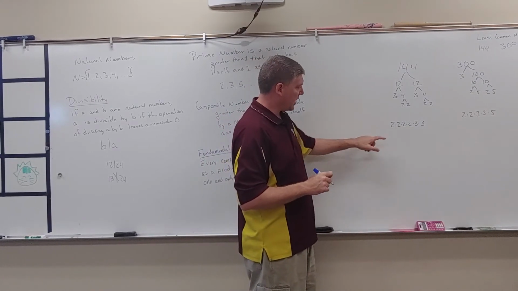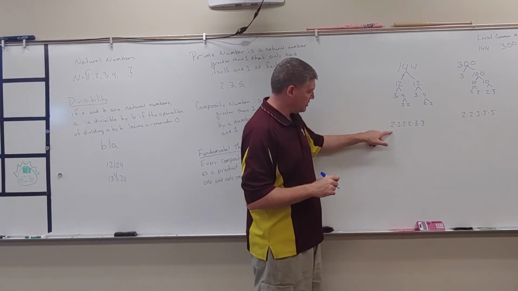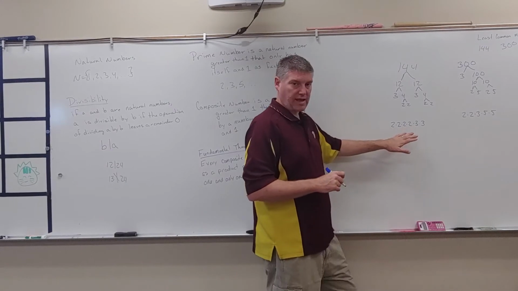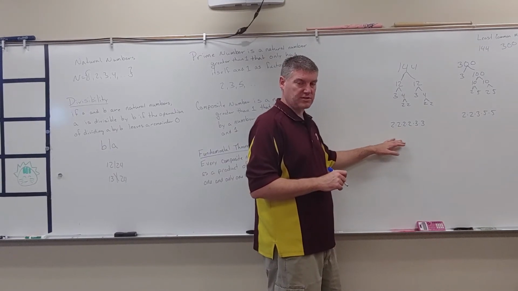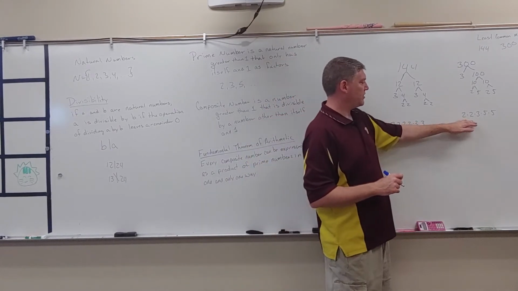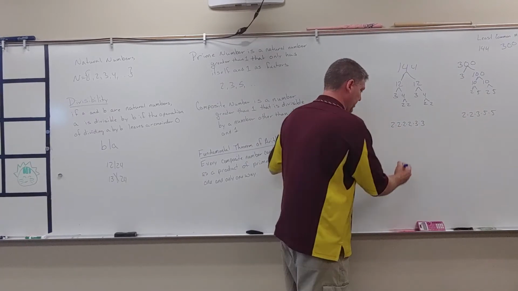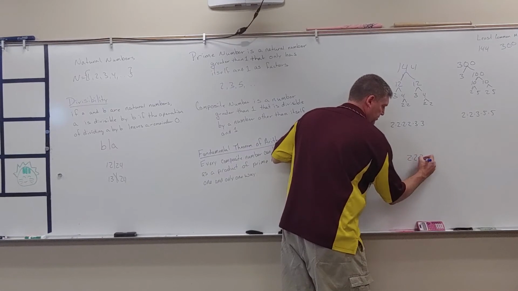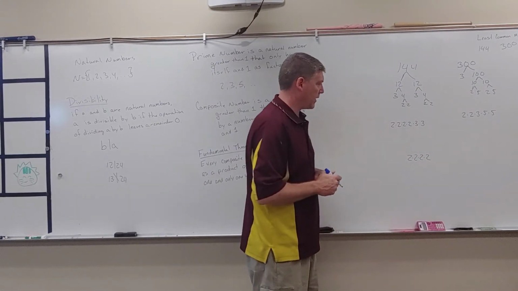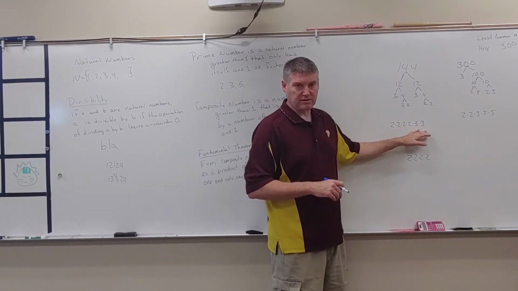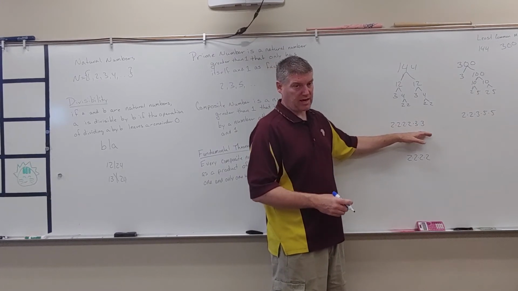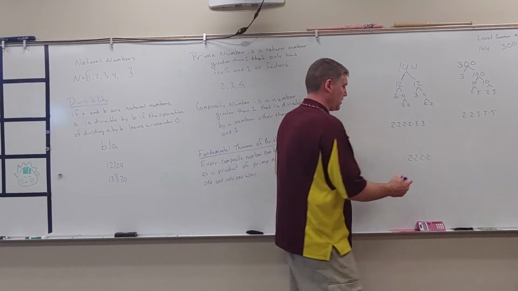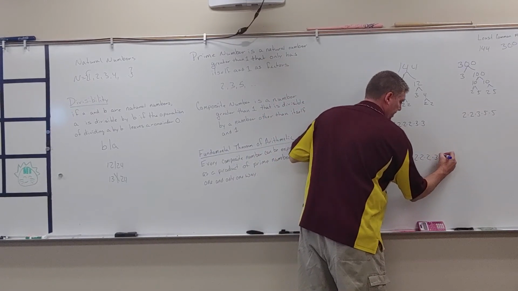Notice here that I have 4 2's here, 2 3's here. Okay? So it has to have 4 2's in it. So my least common multiple has to have 2 times 2 times 2 times 2. Okay? And then I look at my 3's. Well, it has to have that many 3's in it. 3 times 3.